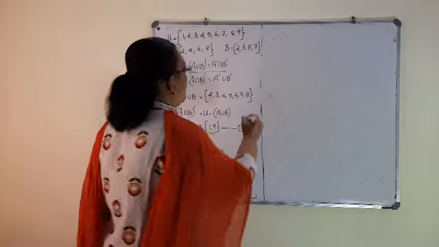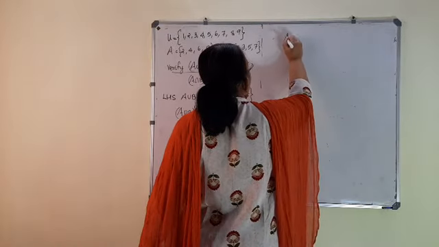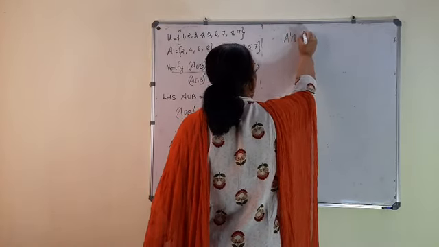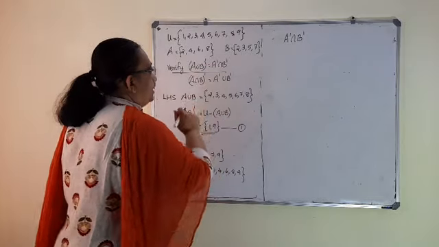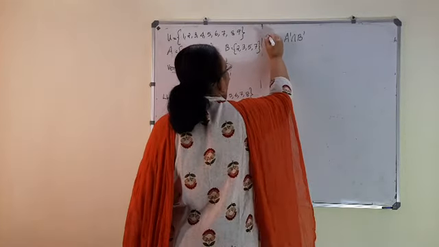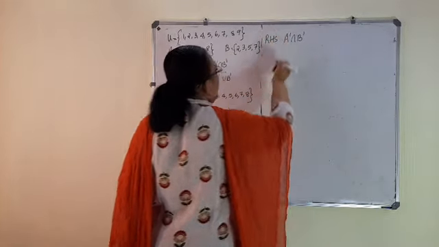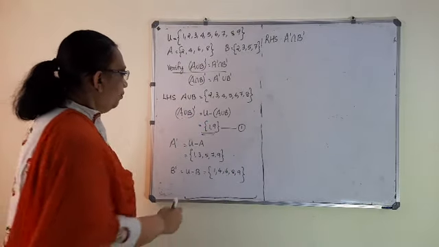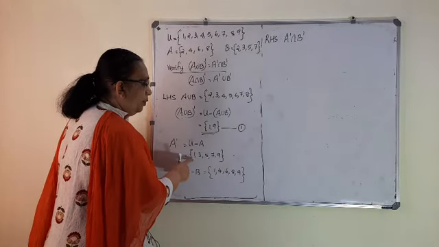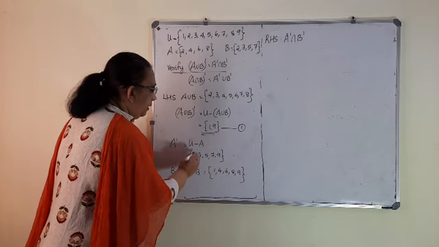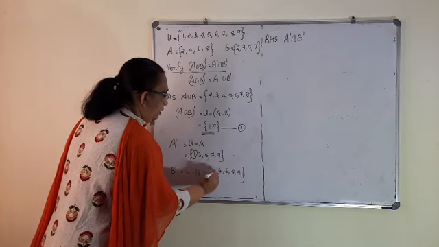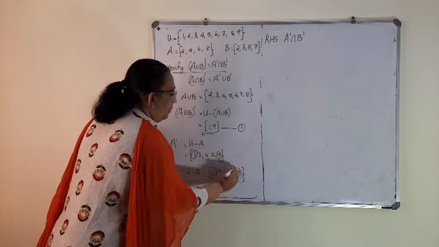Now we have to find A complement intersection B complement, because that is the RHS part. What is the intersection? Common to both A complement and B complement. 1 is common, also 9 is common.